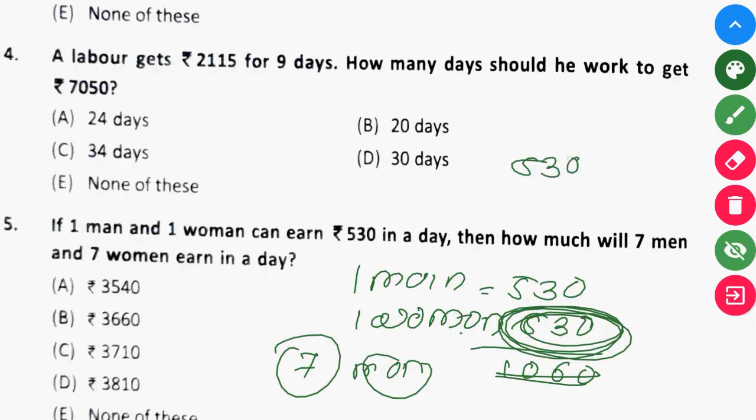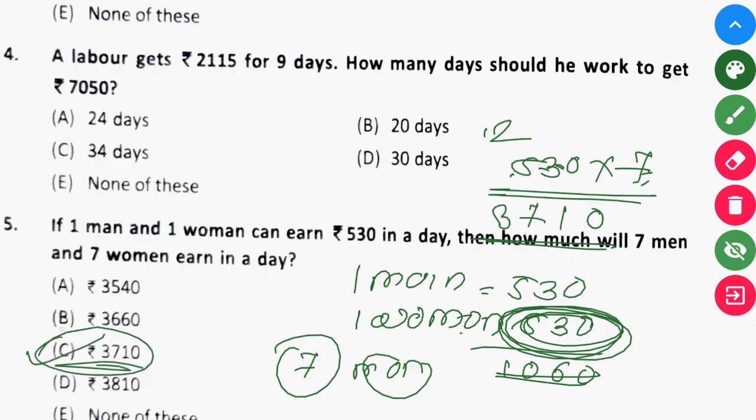So just simply 530 multiplied by 7. 7 zeros are 0, 7 threes are 21, 7 fives are 35 and 2 is 37. So 3710 rupees they earn in a day.